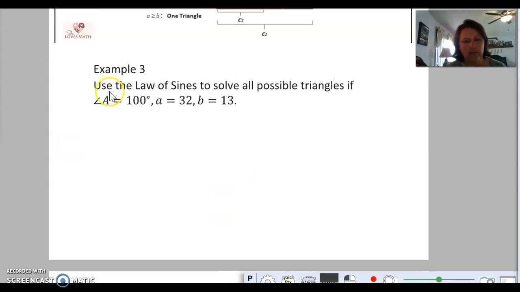Is angle, side, side. So this is the case that we're going to need to use our flowchart with. So we go back and look at our flowchart. First thing we need to know: is angle A obtuse or is it acute? In this case, angle A is obtuse.